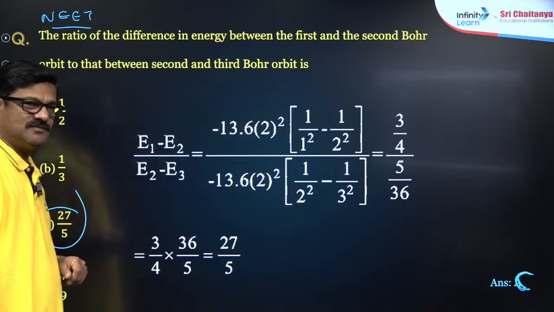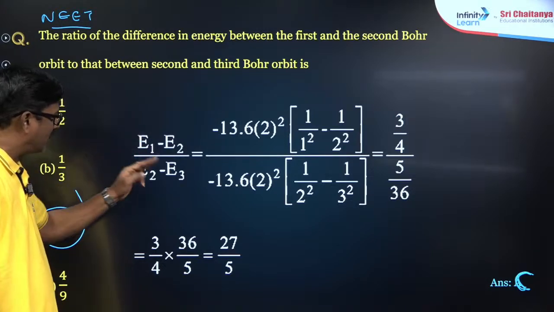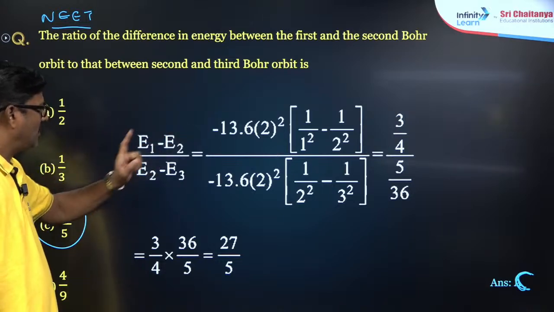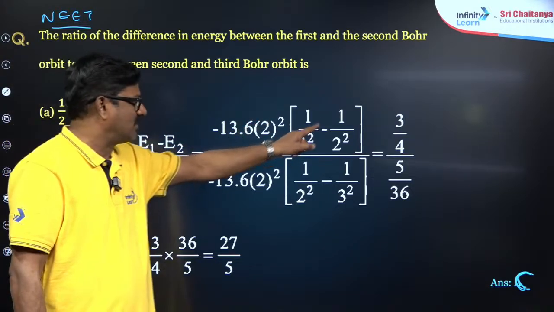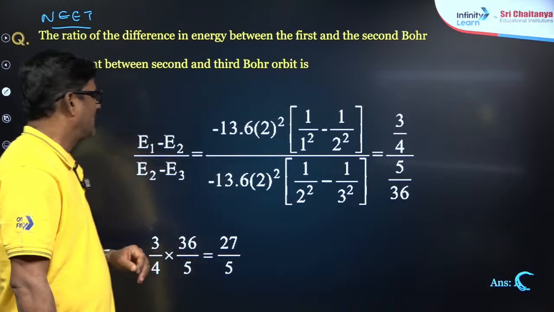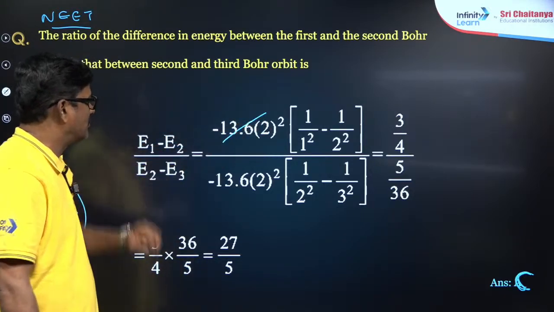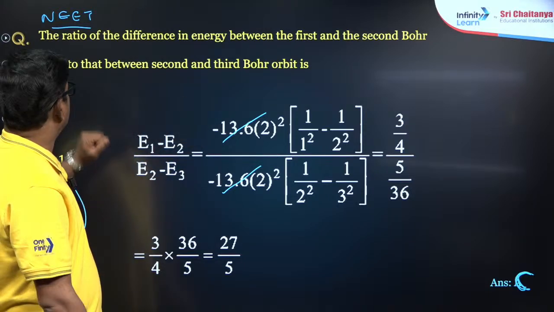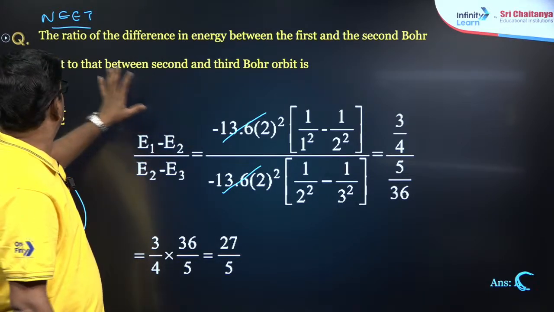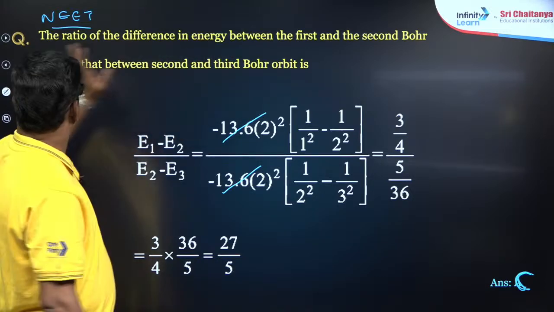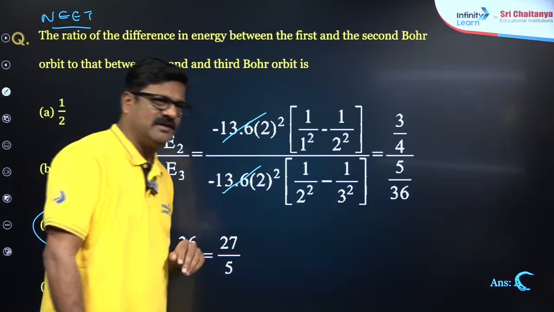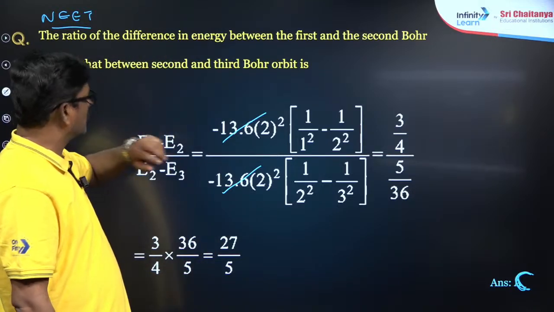See, E1 minus E2, its ratio to E2 minus E3. So E1 minus E2 is 1/1 square minus 1/2 square. 13.6 into 2 square, 13.6 into 2 square has to be cancelled, because that is for helium.